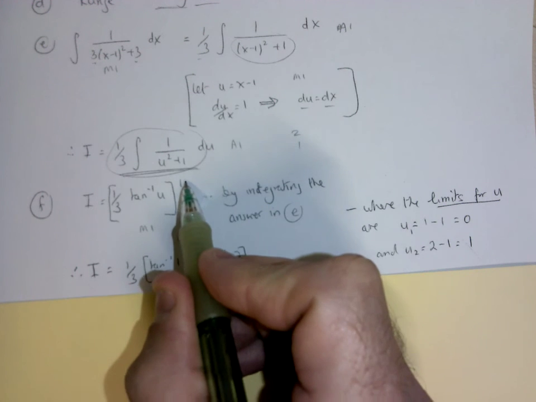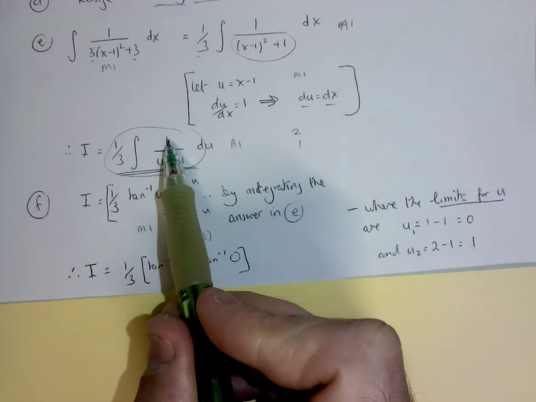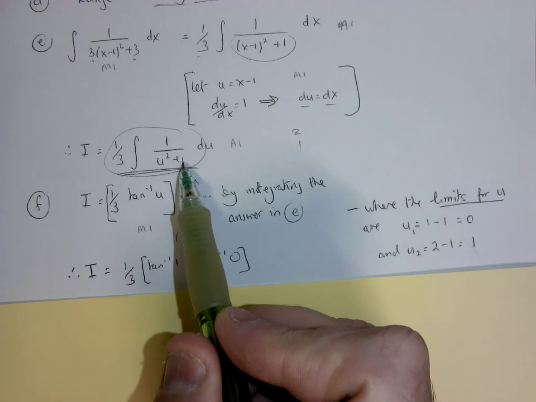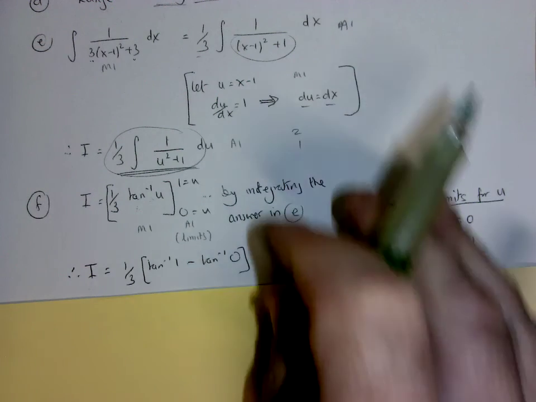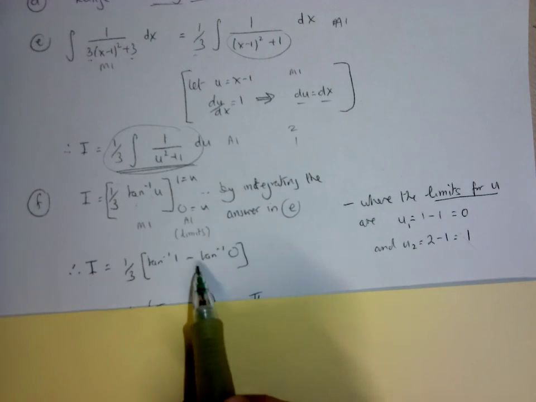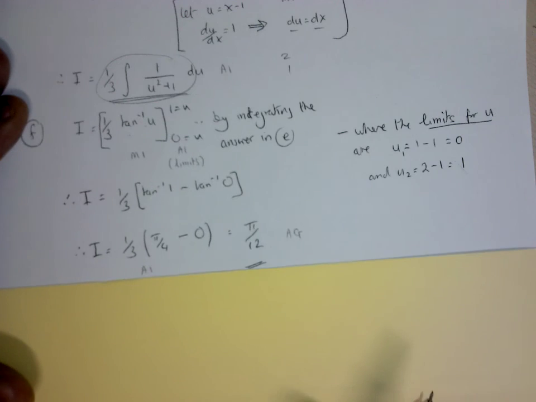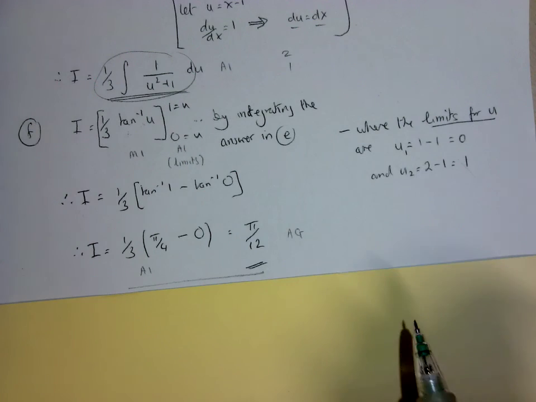So this is u equals 1 and u equals 0. Recognize that 1 upon u squared plus 1 integrates to the arctan result, and so I can put those numbers into here. A third of arctan 1 minus arctan 0 leads me through to the pi on 12 result as required.